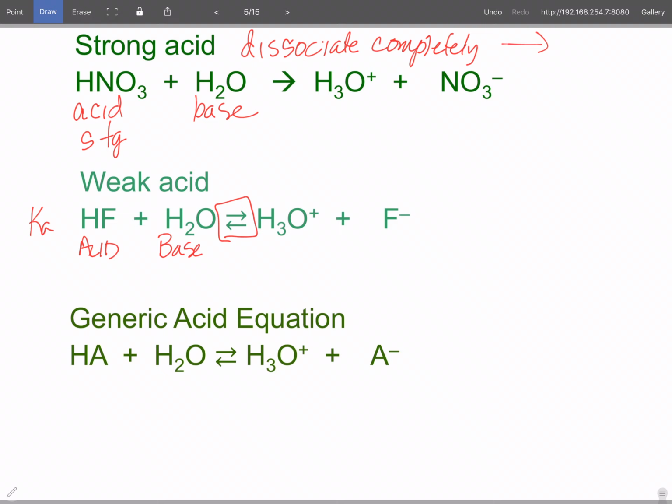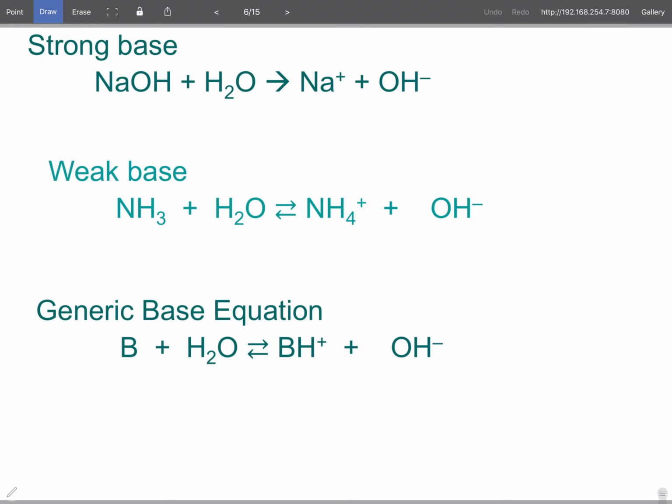If something acts as an acid, something else has to act as a base. So for just a generic weak acid, this is the acid form. This would be the base. You know it's a weak acid because of the equilibrium arrow here. A is for acid, so if you notice it's donating a proton as it goes. So that's what the acid forms look like.